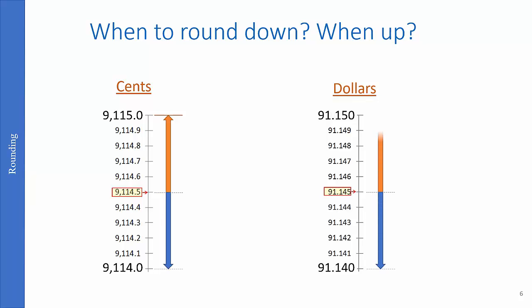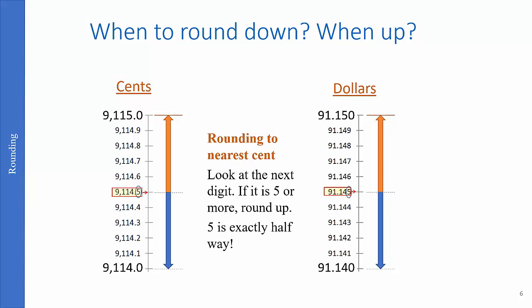On the dollar scale, that comes out to be $91.145. So the rule of thumb is that we look at the digit after the decimal place we want to go to, and if it is 5 or more, we round up. If it's less than 5, we'll round down.